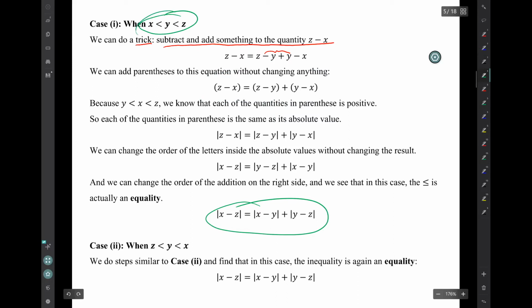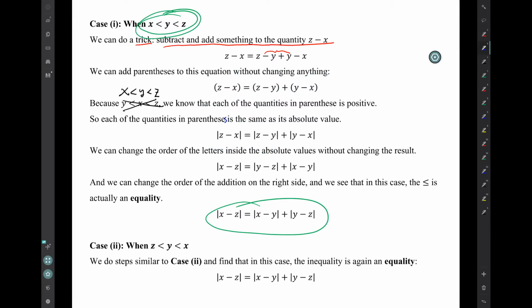Now, because this inequality is true, now here I see I've got a typo. Since that inequality is true, we know that each of these quantities is a positive number. So that means that each of those quantities in parentheses is the same as its absolute value. So we can replace that with this, we can replace that with this, and so forth.